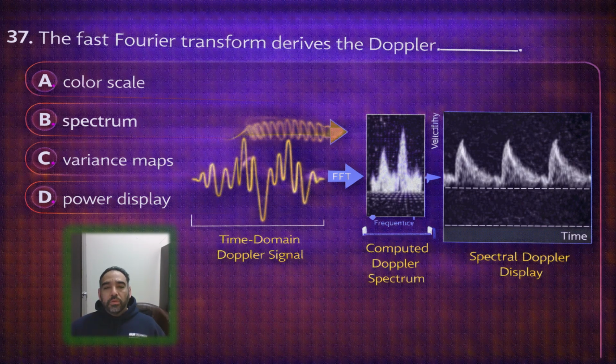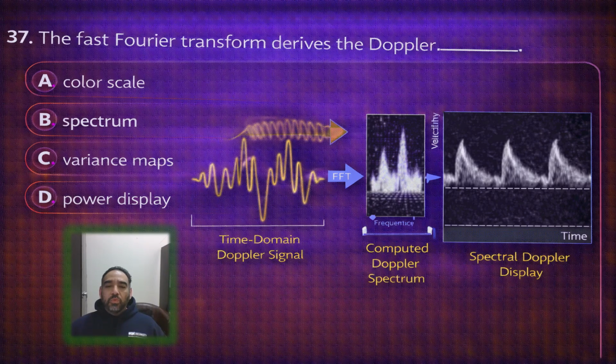The returning Doppler signal is a complex mixture of frequencies, and the FFT algorithm takes the time domain Doppler signal, breaks it into its individual frequency components, and displays those frequencies over time. So that output equals the spectral Doppler waveform.